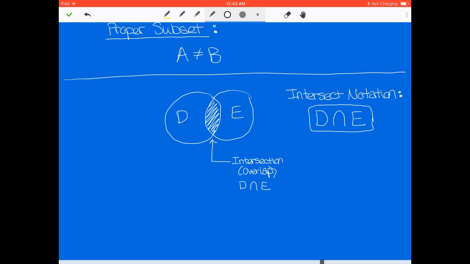We would use this term, which would signify to me, ding, ding, ding, we're talking about intersecting. Again, we have to use the curly brackets.